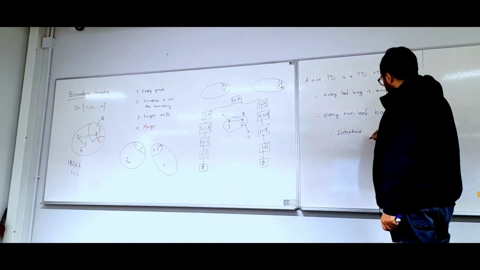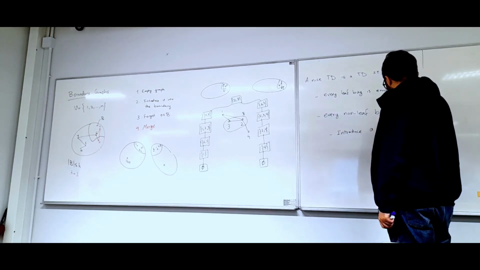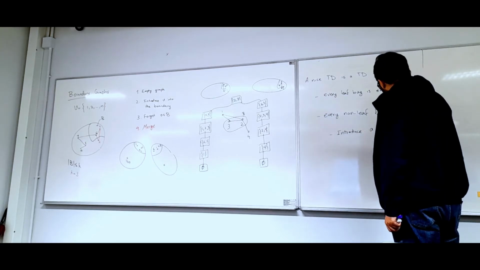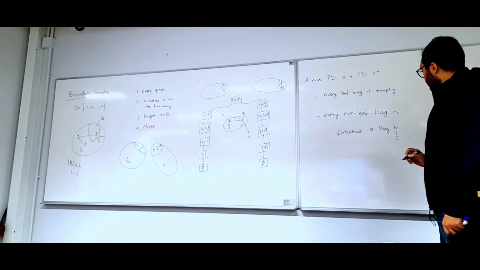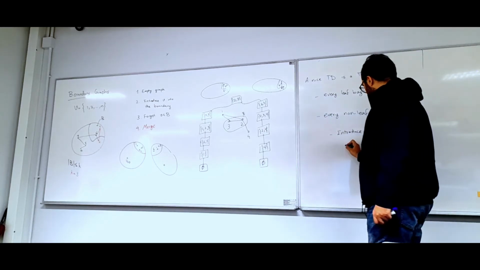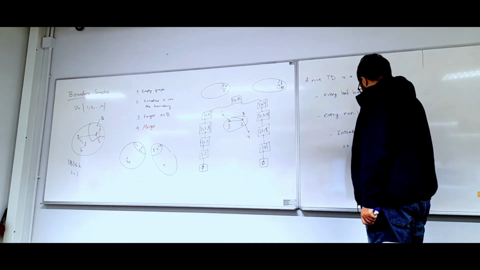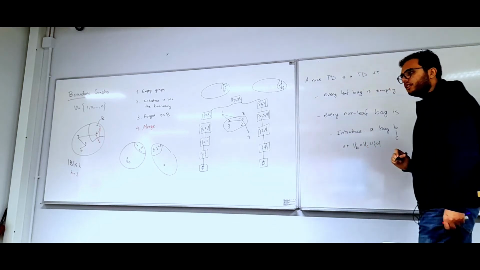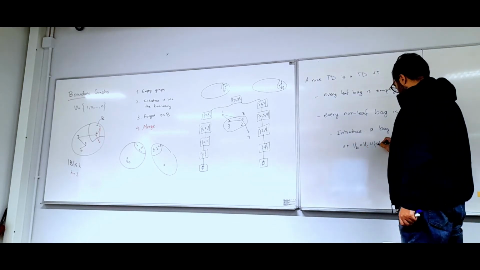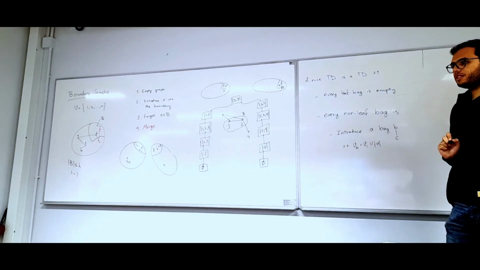So an introduce bag is just a bag B, and let's say that B has only 1 child C, right? And the vertex set of B is just the vertex set of C union with some new vertex v. Okay, and this v was not in C itself. I'm not going to write that, but just remember it.